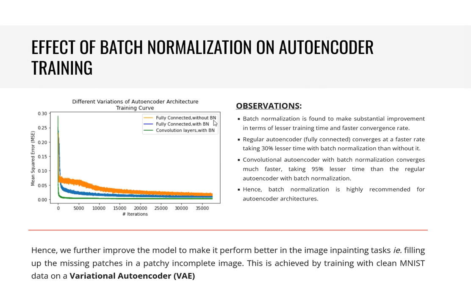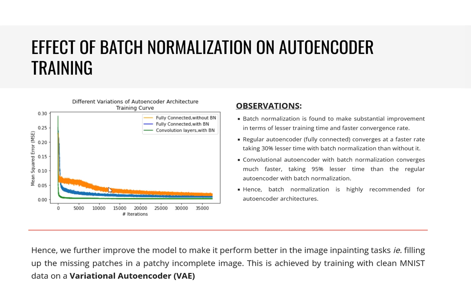So basically, we try to explore different architectures, the fully connected and the convolutional layer architectures, with and without batch normalization. And we come to the conclusion that batch normalization really does make a drastic improvement in attaining a faster convergence rate, as well as attaining convergence in the least time when you compare it to an architecture where you don't have batch normalization.